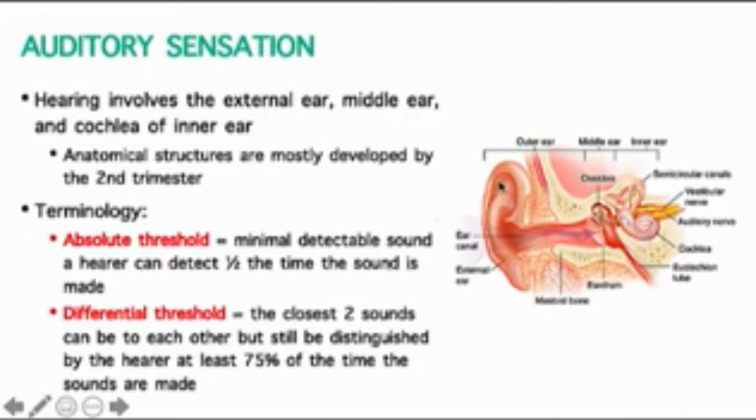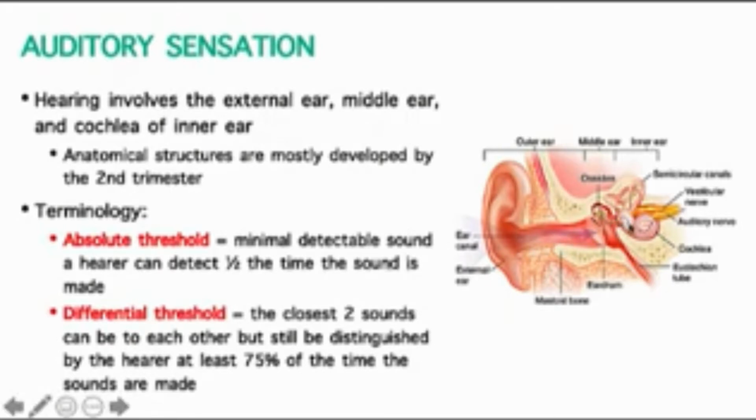As sound is occurring outside, the shapes of our external ear trap these sound waves and push them down the ear canal, and then they hit the eardrum, which is in the middle ear. Then we have three little bones. I don't know if you remember the names of those, but there are three bones that vibrate in response to the sound waves that we pick up.